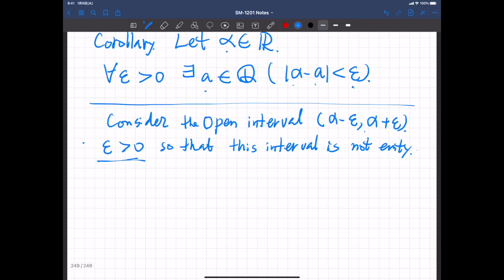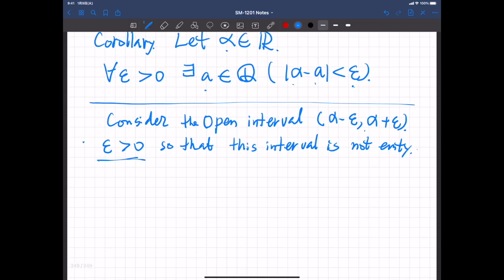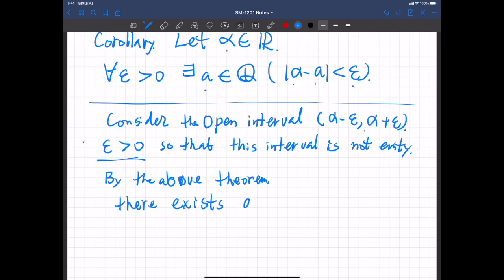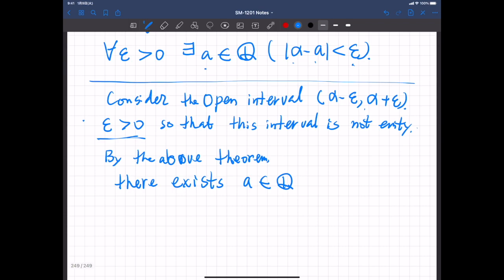We have to make sure this, and so according to the previous theorem, there exists a rational number a such that a is in this interval, alpha minus epsilon to alpha plus epsilon.